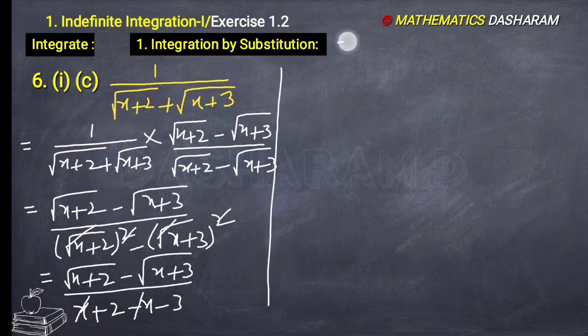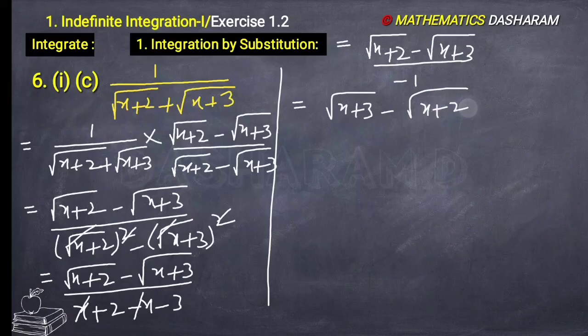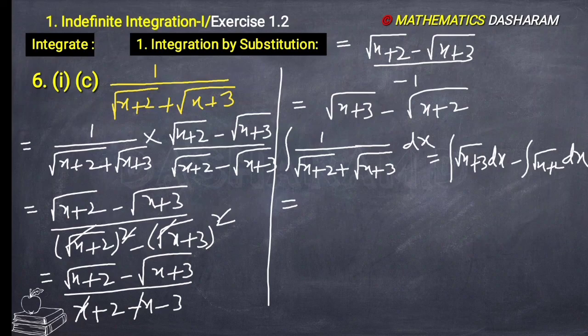Then it is equal to root(x+2) minus root(x+3) and 2 minus 3 is minus 1. Then minus 1 apply in upside, that is in the numerator, then plus root(x+3) minus root(x+2). Now do the integration for the given question.